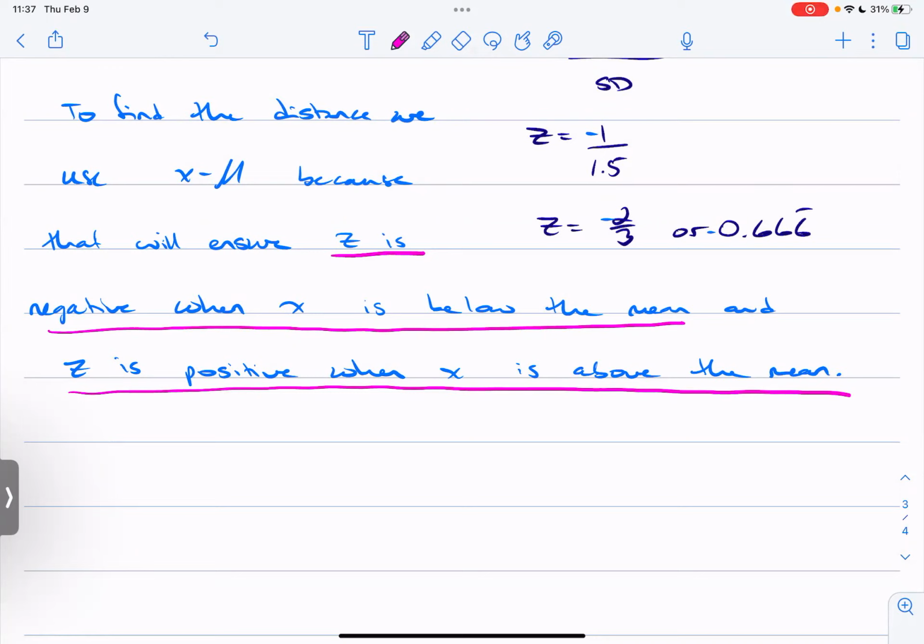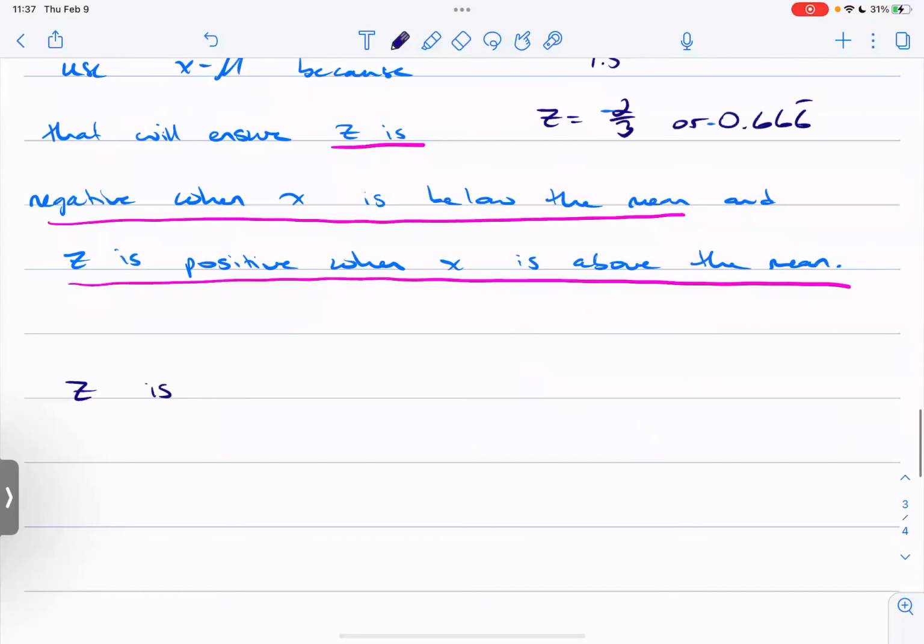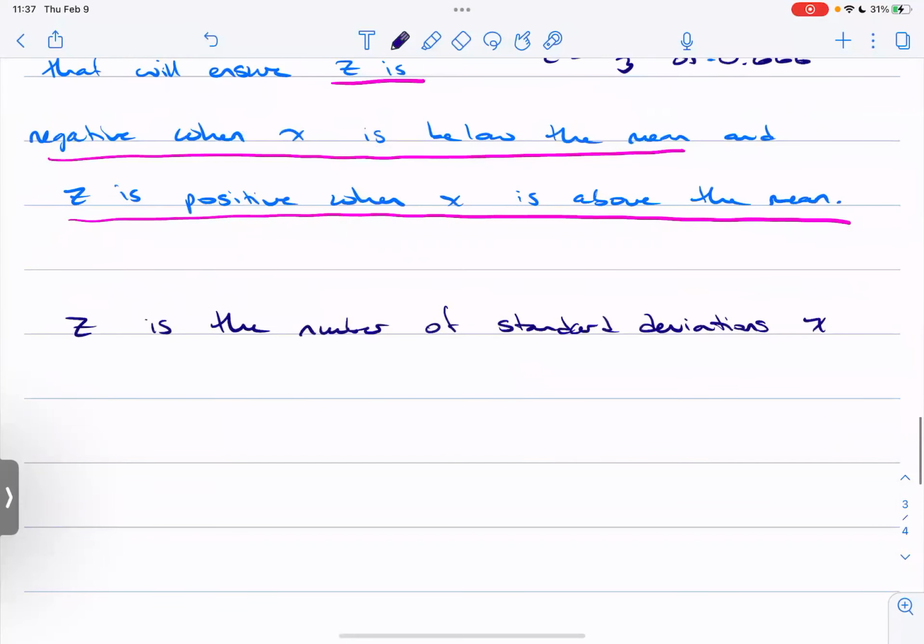So Z then is the number of standard deviations X is from the mean.